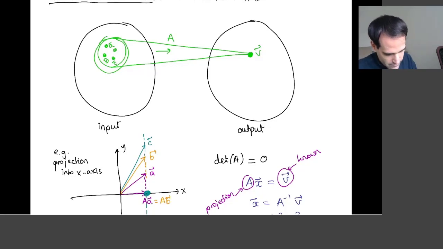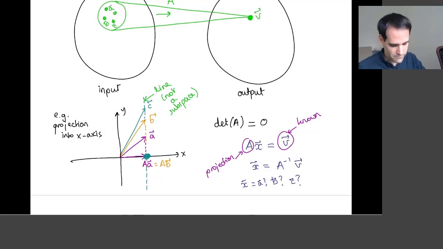So this line, which corresponded to this line here, yeah, is not a subspace. However, this other line, in this case the y-axis, this line is a subspace because it includes vector 0 inside it.